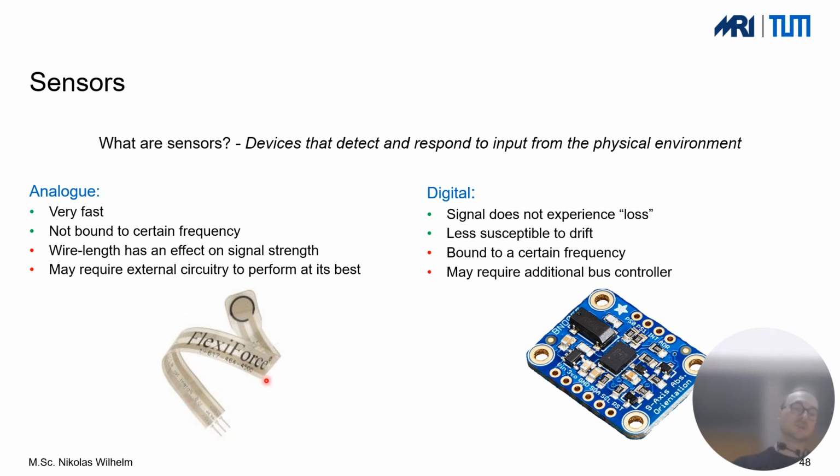Usually, if you supply it with 5 volts, it will output a signal in the millivolt range. That's very hard for the ADC converter to deal with, because it usually expects the range that the microcontroller has available, so maybe from 0 to 3.3 volts. If it only gets millivolts, that's a very weak signal to be used in general. So you might need to amplify that signal. We're going to look a bit at that later.